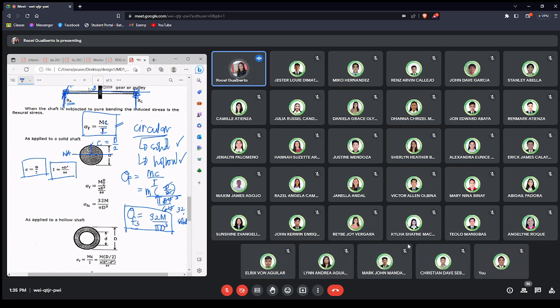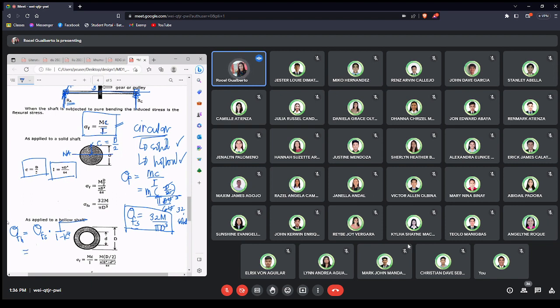Kung siya po ay hollow, ano po ang ating ina-expect? Katulad po kanina doon sa torsion, we simply multiply that by the hollow factor. So if it is a hollow shaft, we say flexural stress of a hollow shaft would be flexural stress ng solid multiplied by 1 over 1 minus k to the 4th.